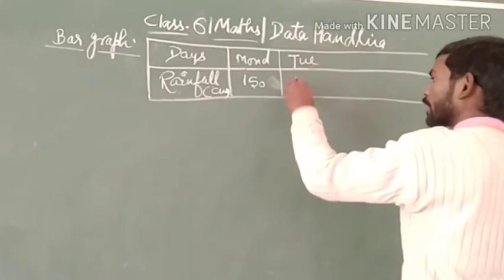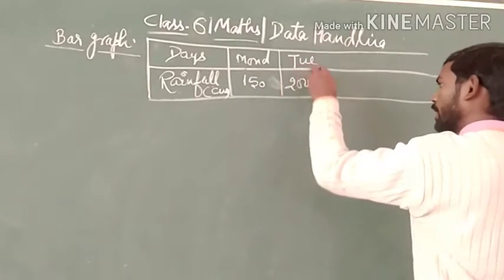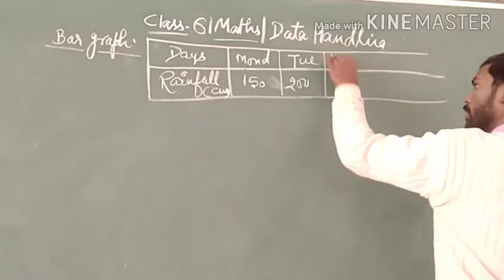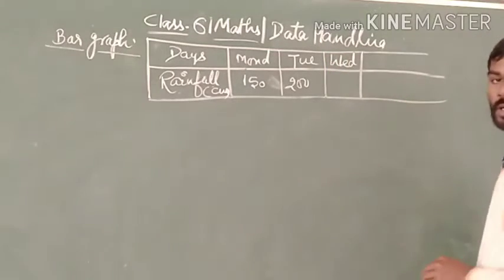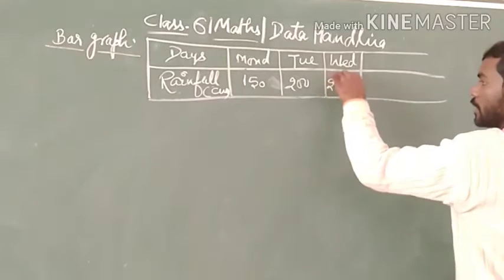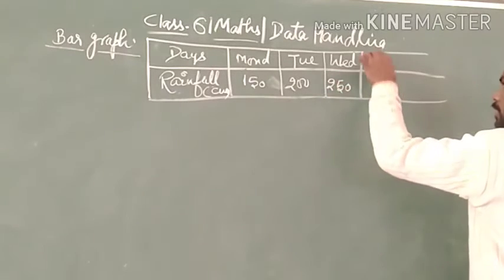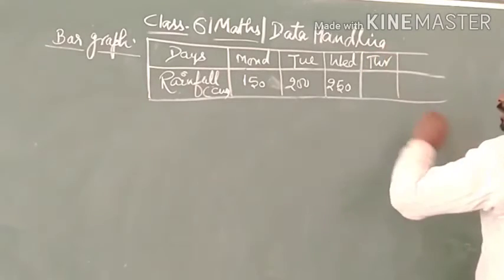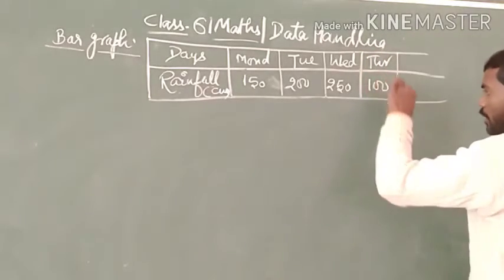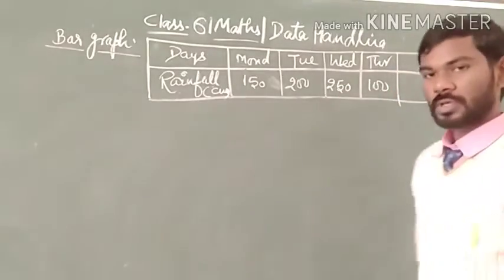Tuesday, the rainfall is 200 centimeter. On Wednesday, the rainfall is 250 centimeter, and Thursday the rainfall is 100 centimeter, and so on.